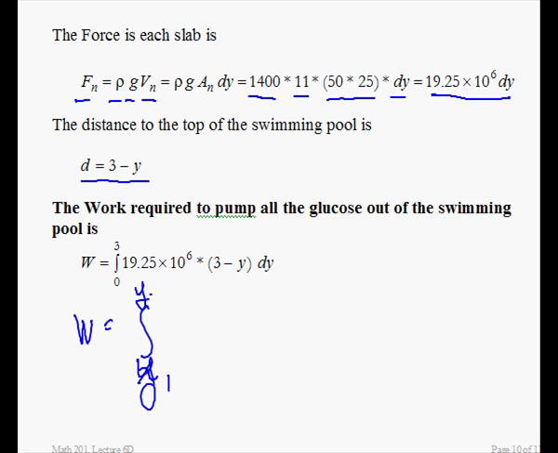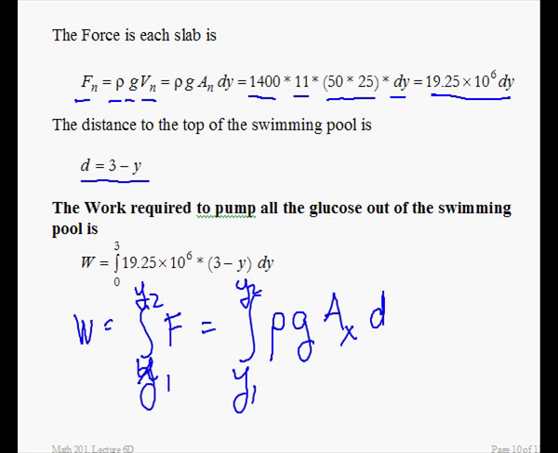It goes from y1 to y2. y1 is at the bottom because that's where you're starting. It's going to be the force, and the force over this integral looks like this. I want to keep the parts straight. That density times the acceleration due to gravity times the cross-sectional area times the distance to the top, dy.